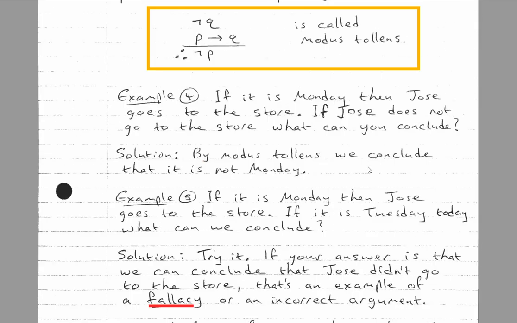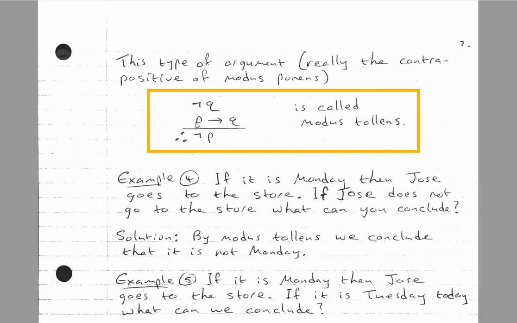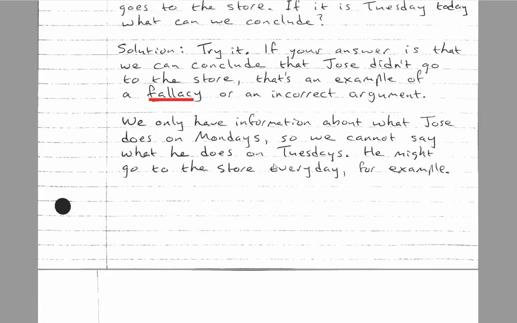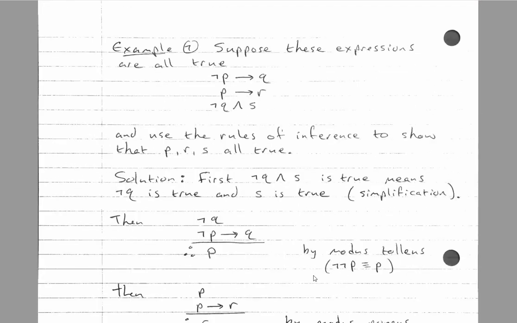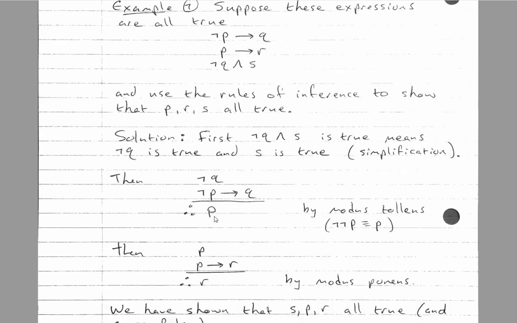Where was modus tollens? If P implies Q and not Q, then we have not P. So in our example, we have a not P here, so we have two nots, and those cancel out, so we just have a P. You remember the double negation rule. So P is true.